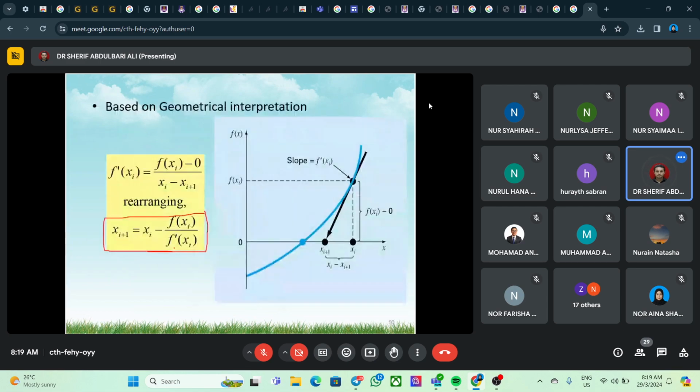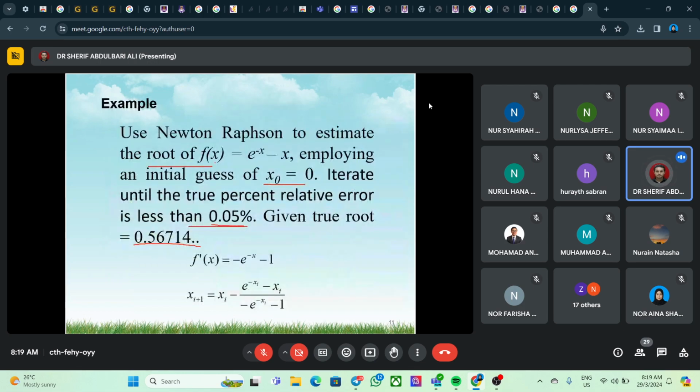Remember, for the Newton-Raphson equation, you need to have the first derivative of the function. So I need to find the first derivative of this function. The first derivative will be equal to negative exponent negative x minus 1.